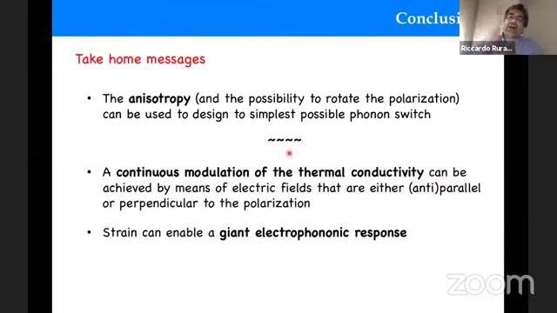And in this case, I'm going analog, and so I modulated thermal conductivity throughout all the possible range before I reach the coercive field. And you can do that again with the electric field, and you can use strain to enable a giant electrophonic response, so to increase, in principle, as much as you want, the gain in your device.